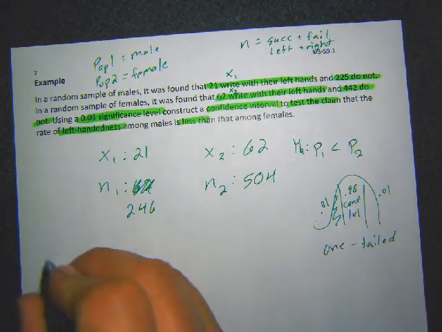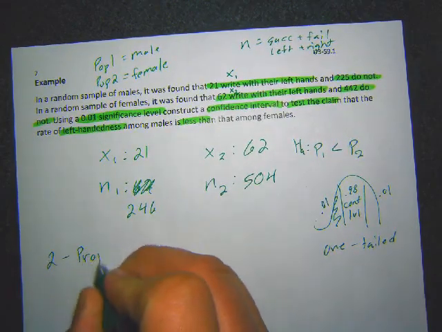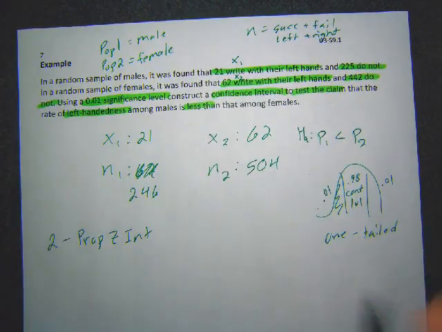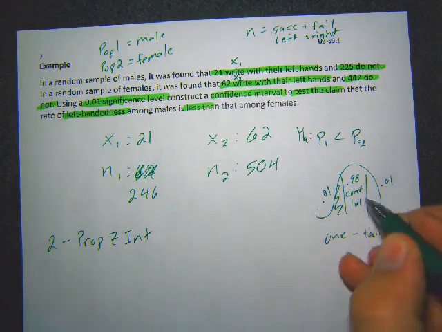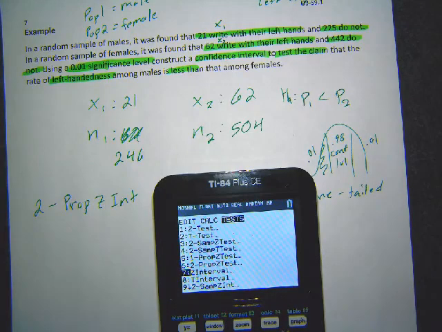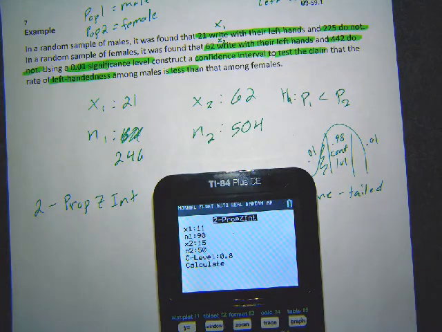So first off, we're going to do 2-PropZInt. We'll plug this information in. Again, our confidence level is 98%. So let's do that. Stats, Tests, scroll down, 2-PropZInt.